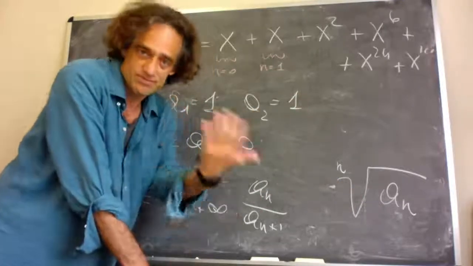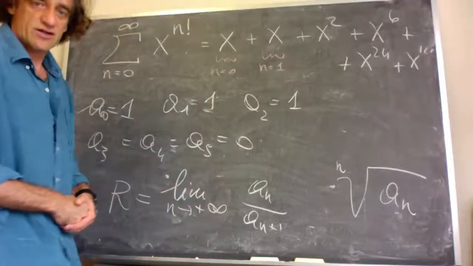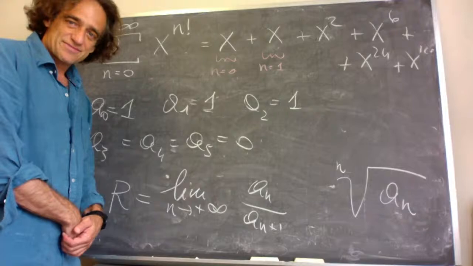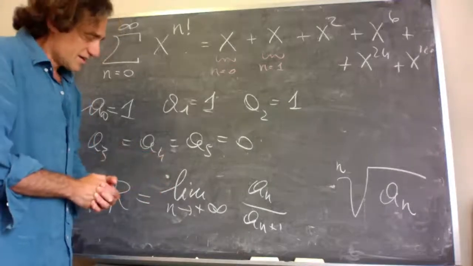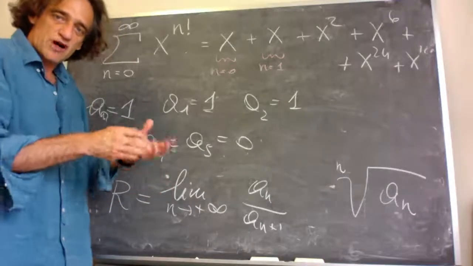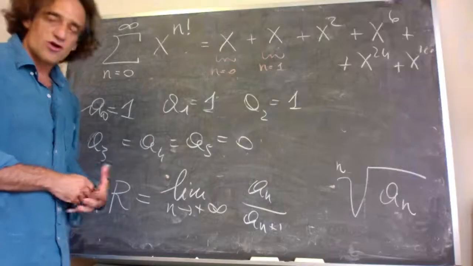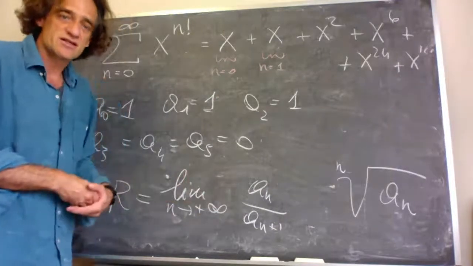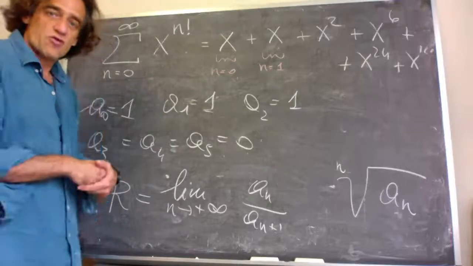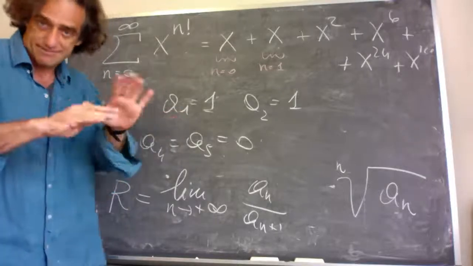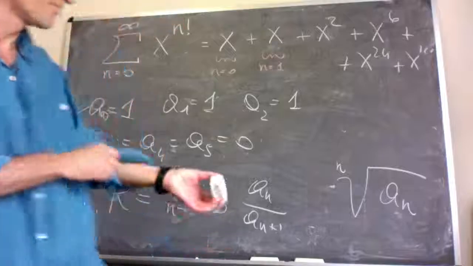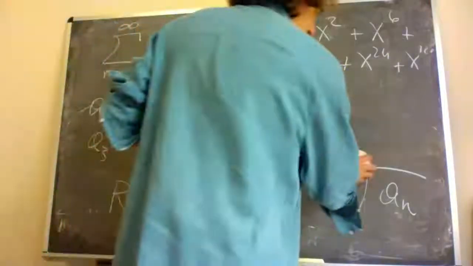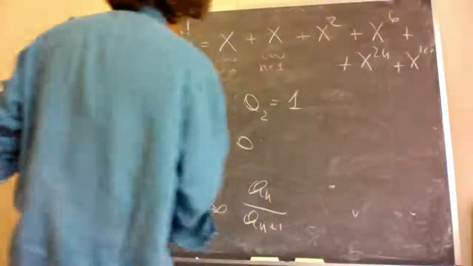For people who want to dig a bit deeper: even when the limit does not exist, you can compute something which is called the lim sup. But I don't want to stress this fact. Okay?